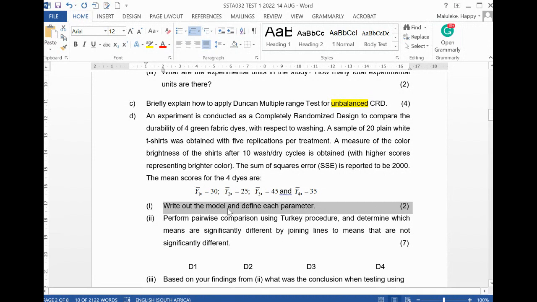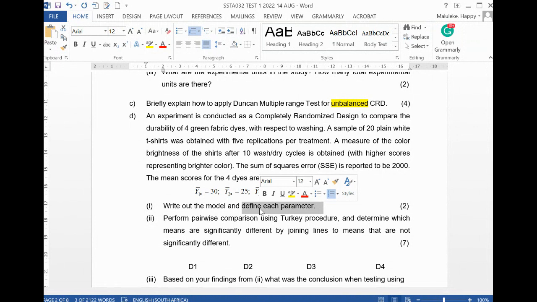But I said write the model. So I was giving a mark for writing the model and another mark for explaining each parameter. So you are supposed to indicate what Yij represents.